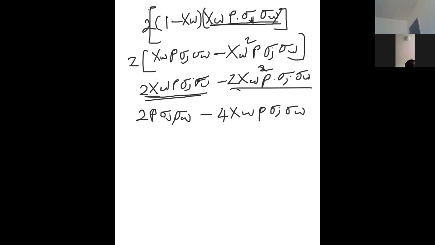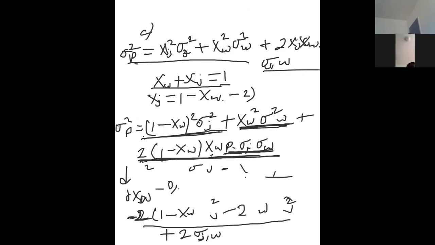Now, let's look at the other component that we did, which was this one. What we had was minus 2 times 1 minus XW, that was the first part. So we had minus 2 and then variance of J squared.